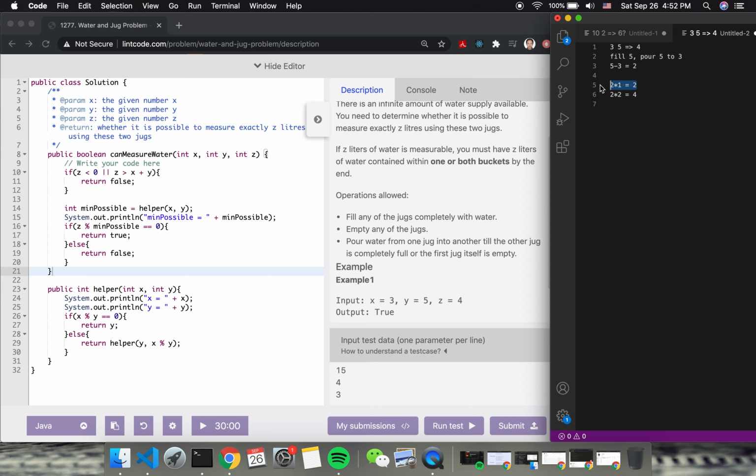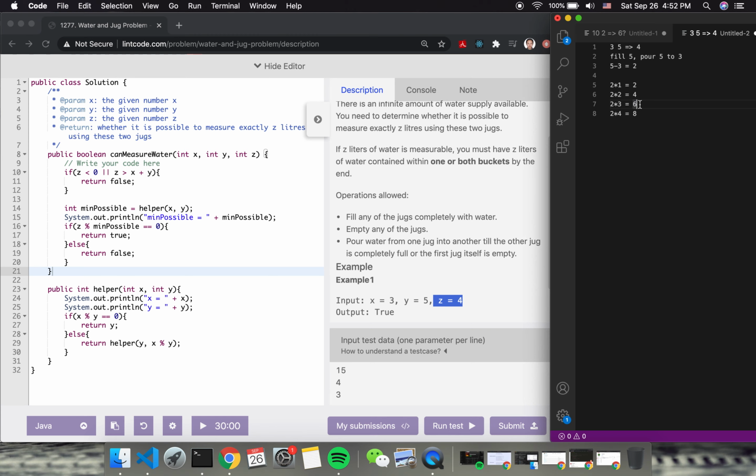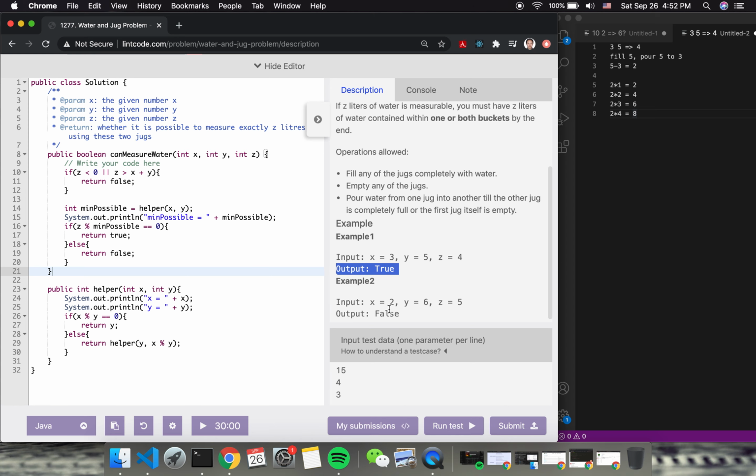We just repeat this process twice. Repeat it 3 times and we get a 6, and so on. We repeat the process 4 times, we get an 8. So here Z equals 2, 4, 6, 8 are all valid.